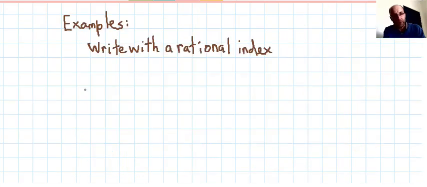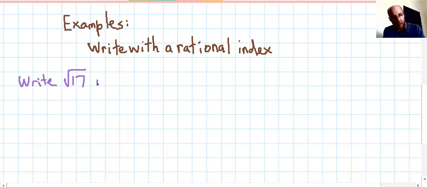Let's look at some examples. So let's say we had to write the square root of 17 with a rational index. So it's going to be an index form with a rational index.